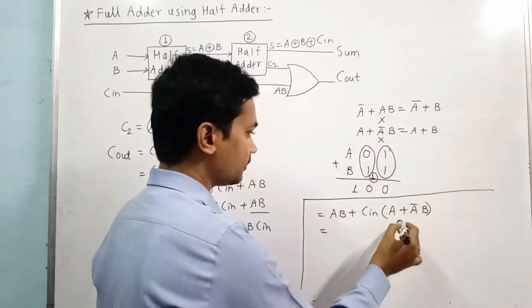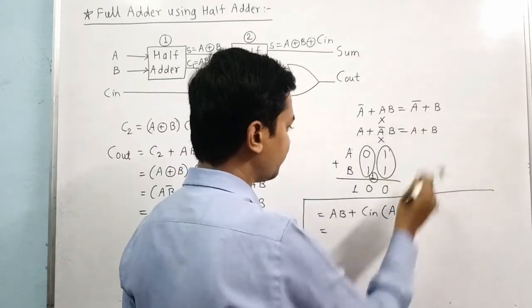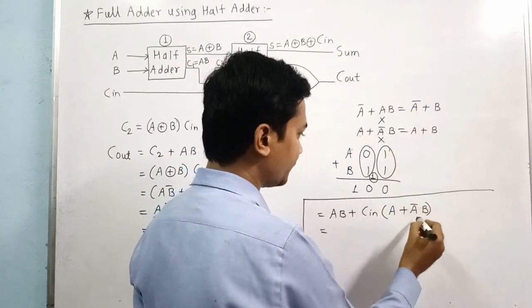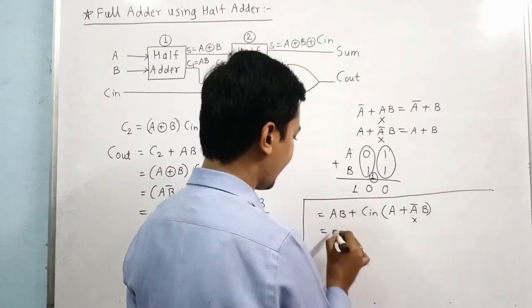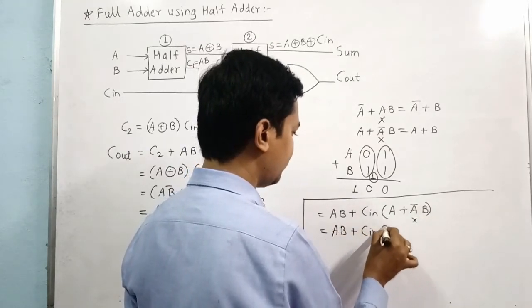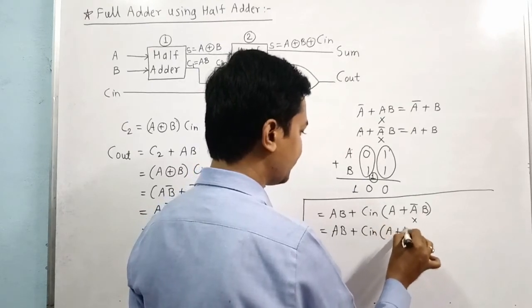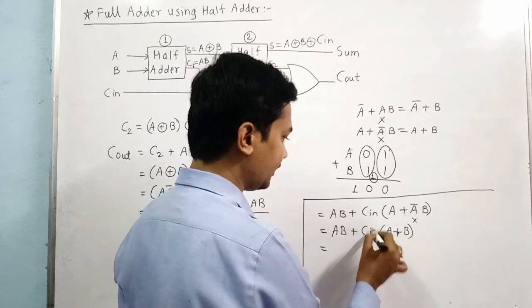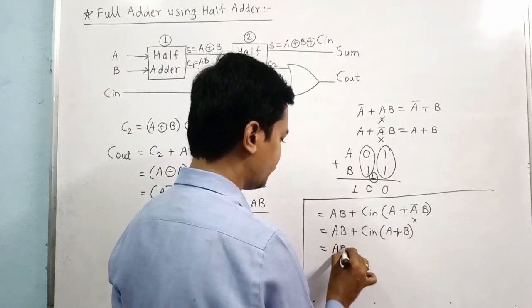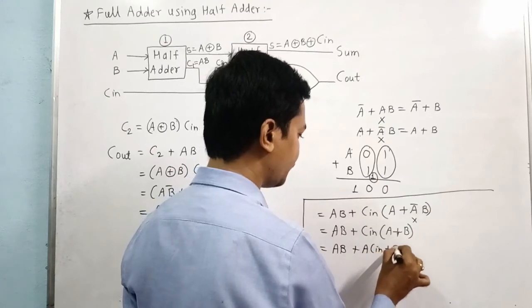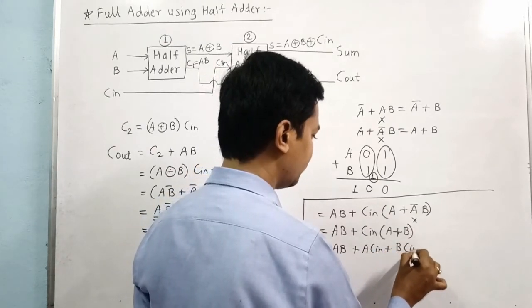Now from De Morgan's theorem we again have the same term, A plus A bar B, so we cancel A bar. So AB plus C in into A plus B. Just multiply C in into the bracket: AB plus A into C in plus B into C in.